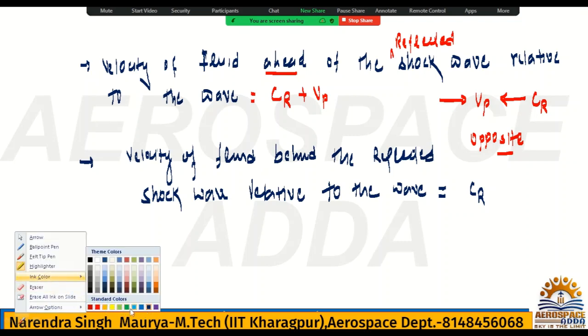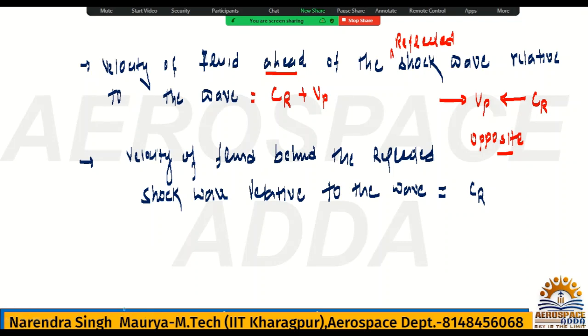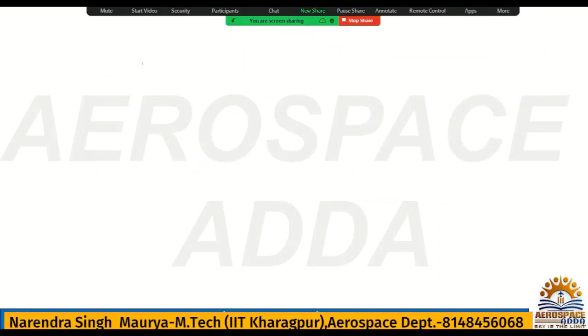All right. Now the problem is solved. Now you can write the governing equations. So what will be the governing equation here? We have 3 governing equations. So we can write mass conservation or continuity equation.